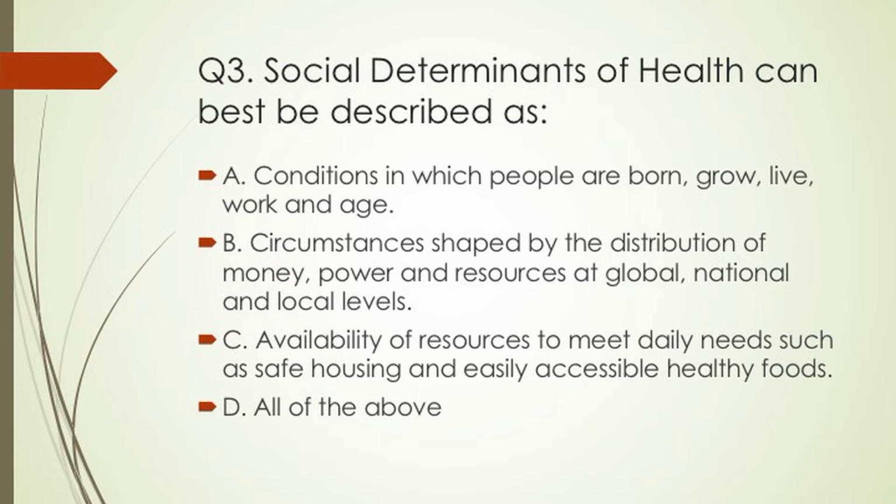Or B is circumstances shaped by the distribution of money, power, and resources at global, national, and local levels. Or is it the availability of resources to meet daily needs, such as safe housing and easy accessibility to healthy food? Or all of the above?